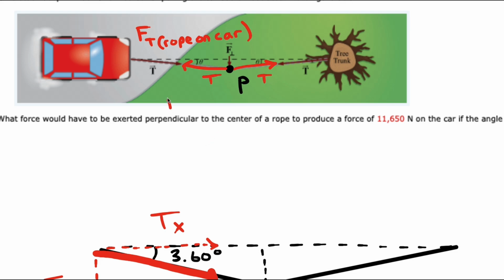So there will be a force of tension, basically car on rope. It's called a Newton's third law reaction pair.